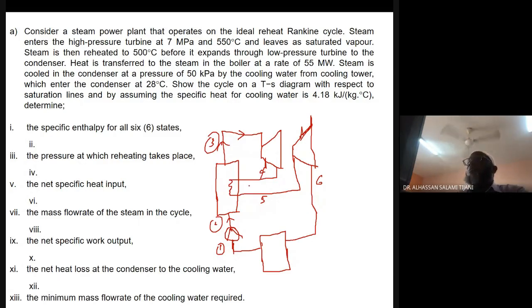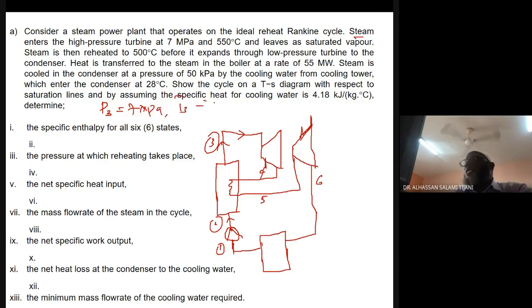Okay, so we can establish that we are to consider a steam power plant that operates on an ideal reheat cycle. The steam enters the high pressure turbine at, so means P3 equals 7 megapascal.